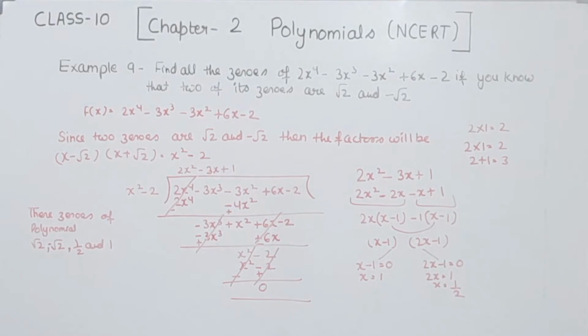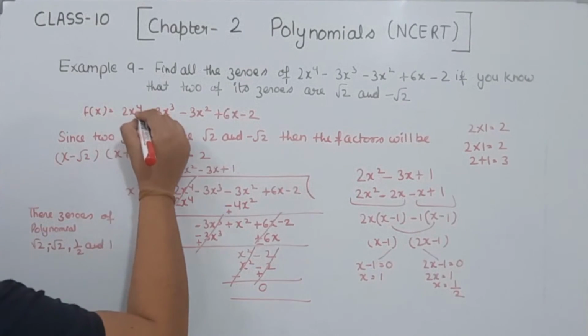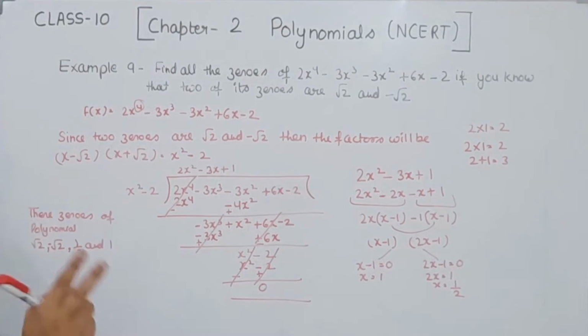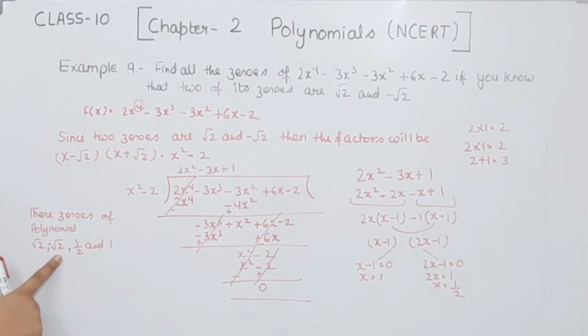So these are the 4 zeros we are having. As we know, the highest power we are having is 4, so we will have 4 zeros here. These are root 2, minus root 2, 1 by 2 and 1.